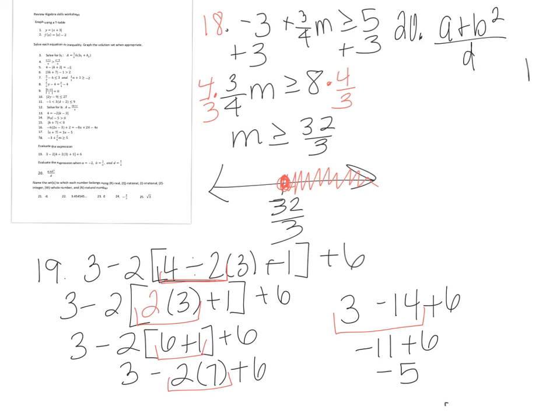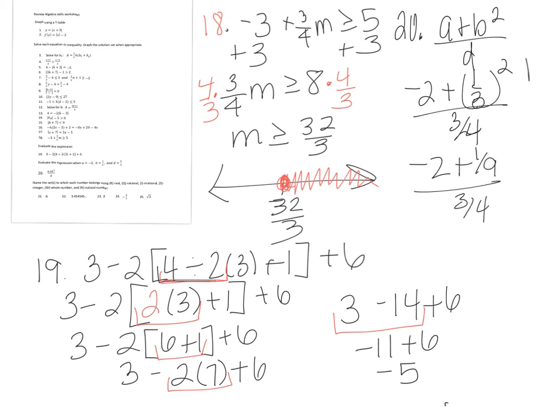So a is negative 2, so I'm going to put negative 2 in place of the a, plus b, which is 1/3 squared divided by d, which is 3/4. So when we have a large fraction bar, we have to do the numerator before we can do the division. So exponents are going to come first. 1/3 squared is 1/3 times 1/3, negative 2 plus 1/9 divided by 3/4.